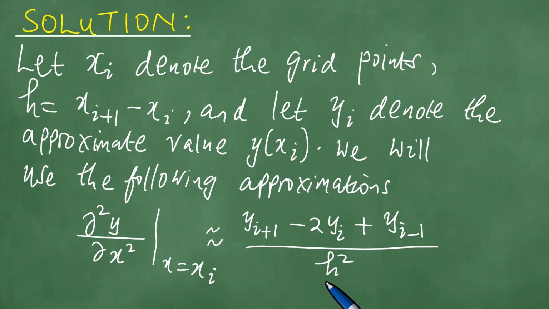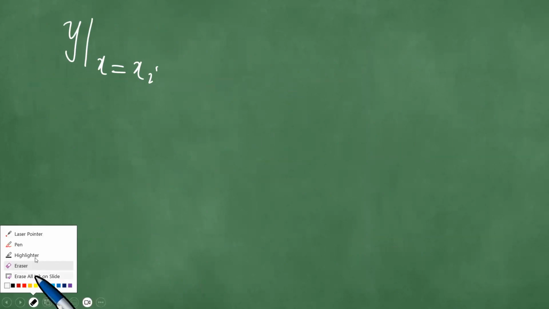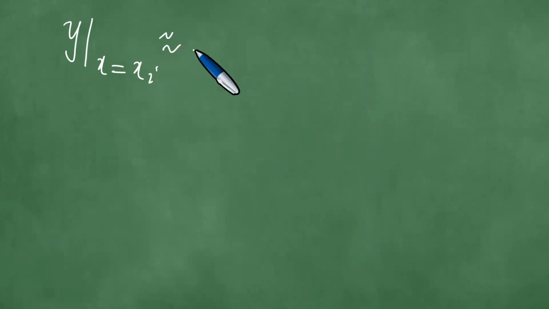We can also use delta x or delta t, like in the question, in place of h. Also, y itself evaluated at xi is approximately yi.